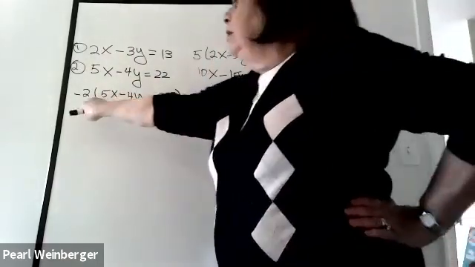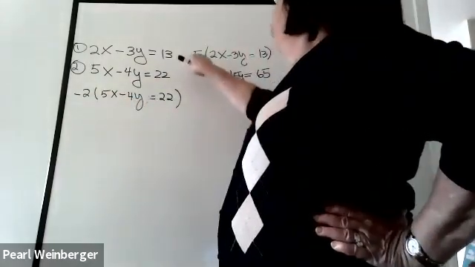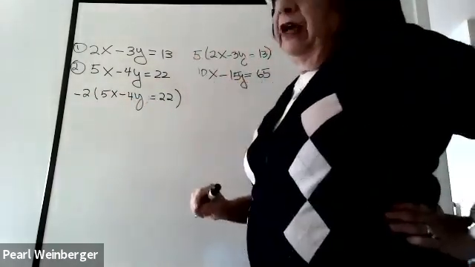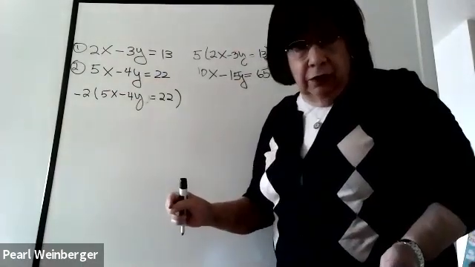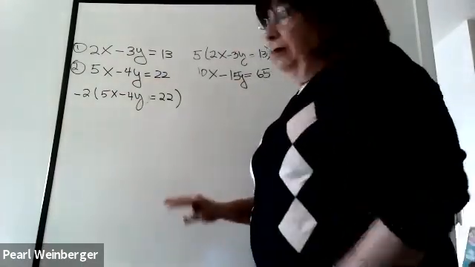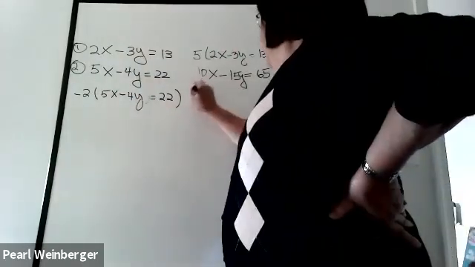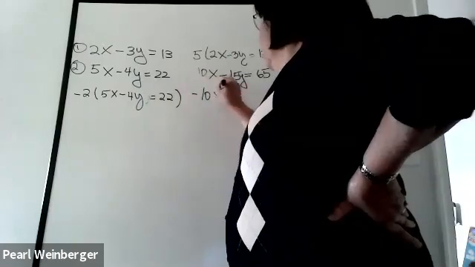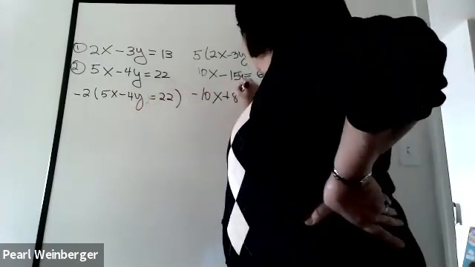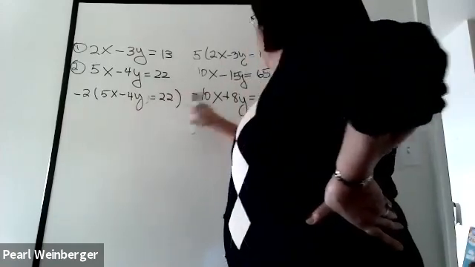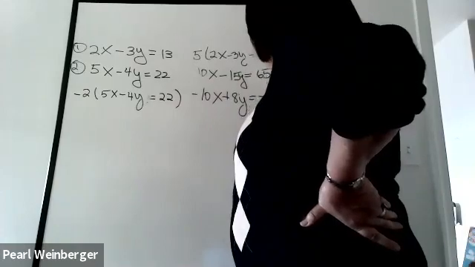It wouldn't have mattered if I used the negative with a 2 or the negative with the 5. Just one I leave positive and the other I multiply by negative. That'll give me negative 10x. Negative 2 times 4y is plus 8y equals negative 2 times 22, which is negative 44.